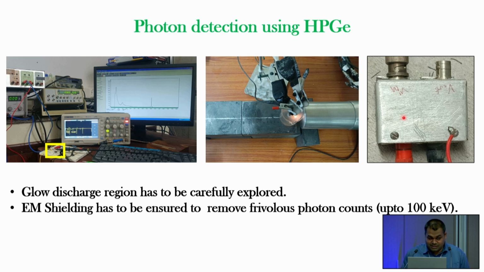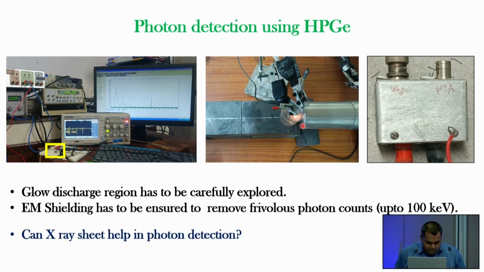So again, shielding is very much important in looking for photon or particle signals, especially when we are working at high voltages. Because when we work at high voltages, we have a glow discharge in our systems, and the electromagnetic signals from that can interfere with any metallic component. That has to be properly grounded and shielded.